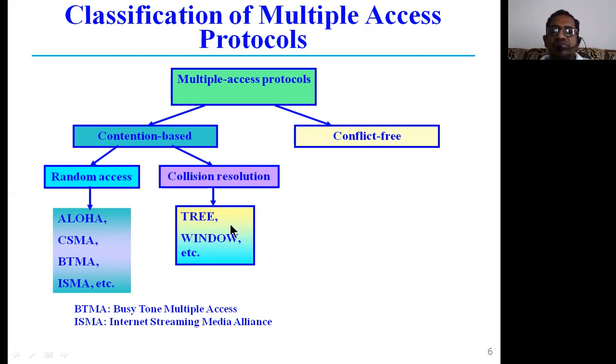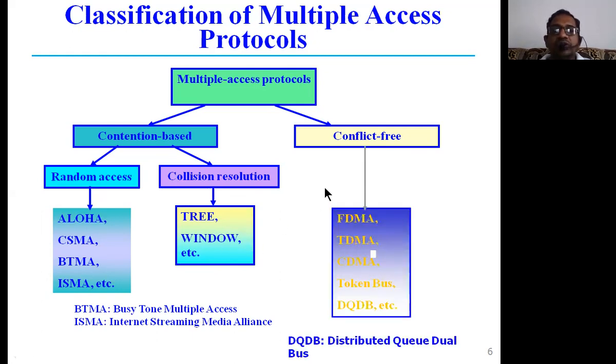Collision resolution, which we don't have in the syllabus, normally uses tree type and window type protocols. The next one is conflict free. In conflict free, we have access protocols like FDMA, frequency division multiple access, TDMA, time division multiple access, CDMA, code division multiple access, token bus, and distributed queue dual bus protocols.